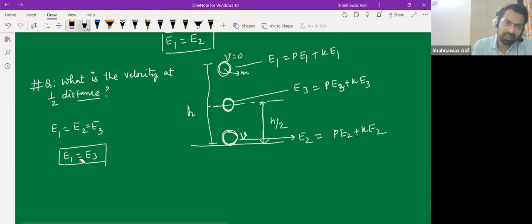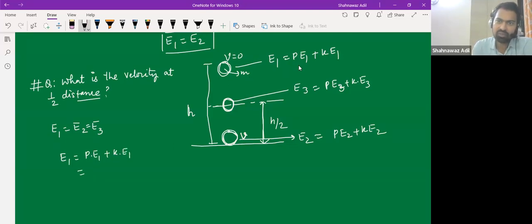So if I write energy at 1, this is PE1 plus KE1. And how much is PE1 at this point? What is the potential energy at this point?